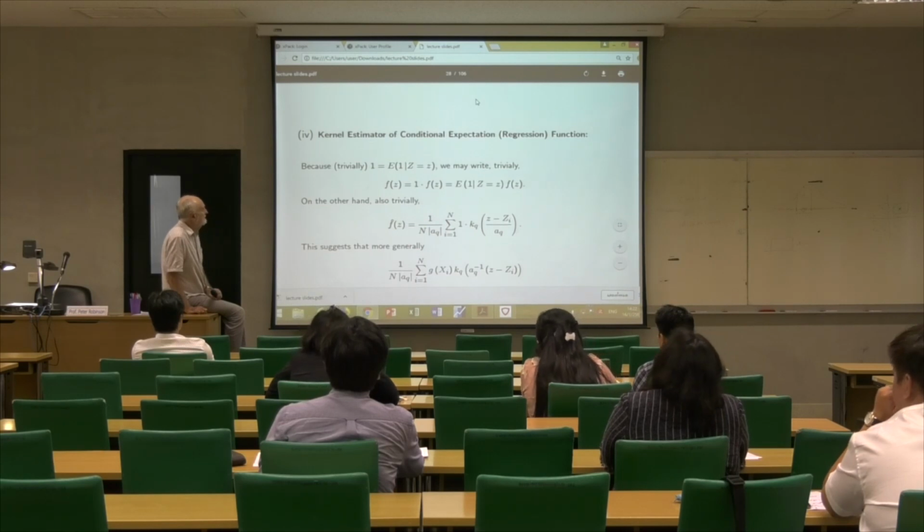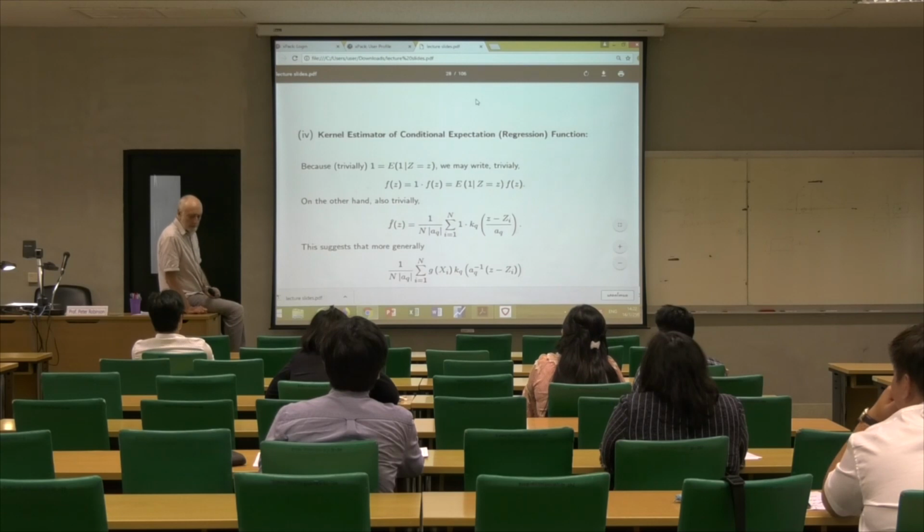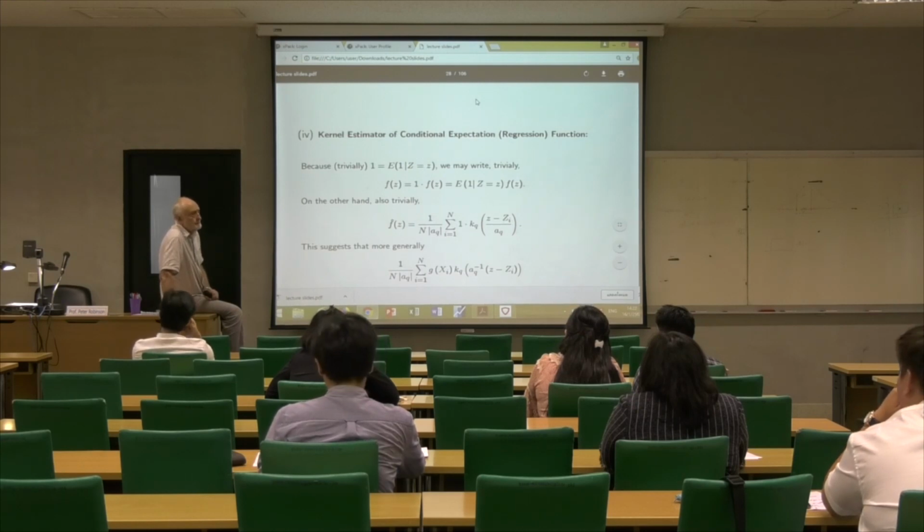We're trying, if you remember, we interpreted the regression function as a conditional expectation, where we can choose whatever variables to condition on we like, actually.